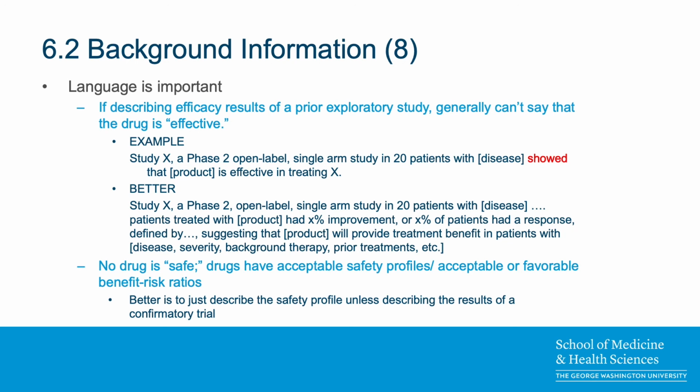And then also about safety. You can't really say that a drug is safe without any qualification. You can say a drug has an acceptable safety profile, or you can say it has an acceptable or favorable benefit-risk ratio, but it's generally better to be objective when you describe the results of studies, and as I said, not overinterpret.